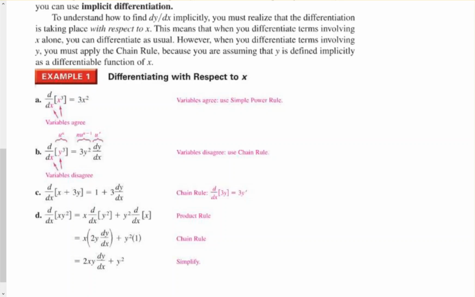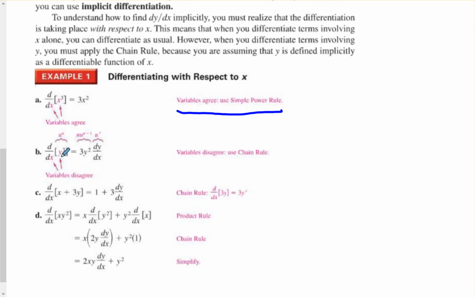Now, what if we had the derivative with respect to x, but now the variables disagree? So we have an equation with just y's, y cubed. We take the derivative with the power rule, but then we have to add on the chain rule. So when the variables agree, you use your simple derivative rule for that expression.